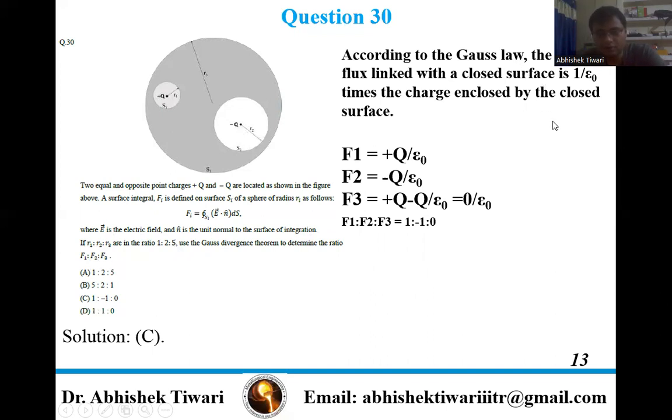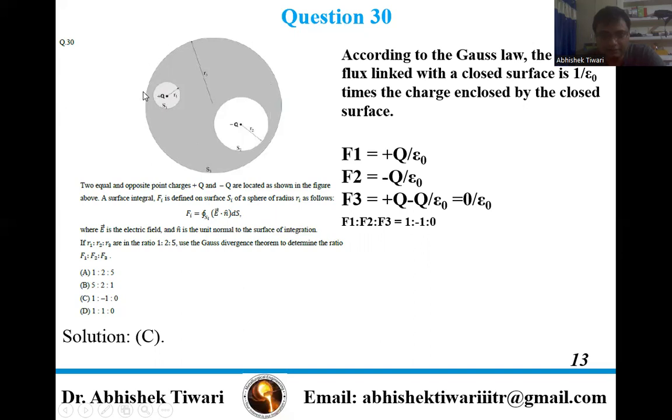According to Gauss law, the total flux linked with a closed surface is Q by epsilon naught, where Q is the charge enclosed by the closed surface. So if we see F1 related to this sphere, F1 is equal to plus Q by epsilon naught, and F2 is minus Q by epsilon naught.